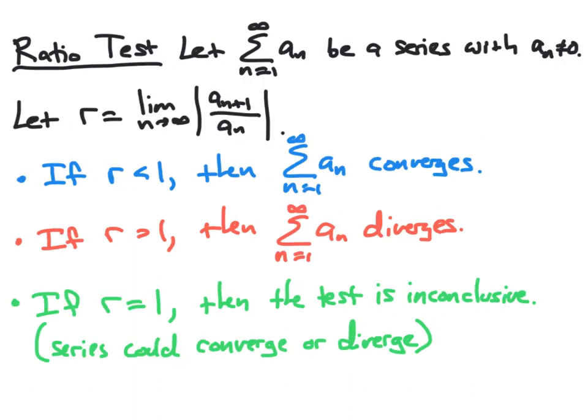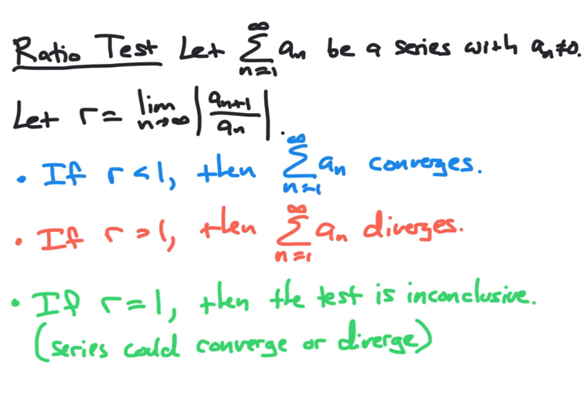So for the ratio test, we're going to look at any series with term a sub n, as long as a sub n is non-zero. So this could have all positive terms, it could alternate positive and negative terms, it could all be negative or anything else, as long as the terms are non-zero. We're going to define this number r to be the limit as n goes to infinity of the absolute value of a sub n plus 1 divided by a sub n.